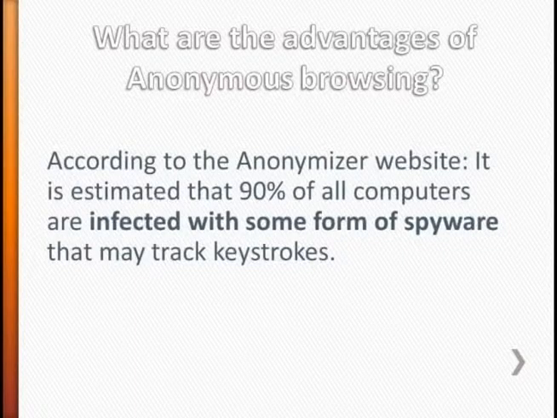What are the advantages of anonymous browsing? According to the anonymizer website, it is estimated that 90% of all computers are infected with some form of spyware that may track keystrokes, allowing criminals to learn passwords and bank account numbers, essentially giving them access to anything and everything on your computer.